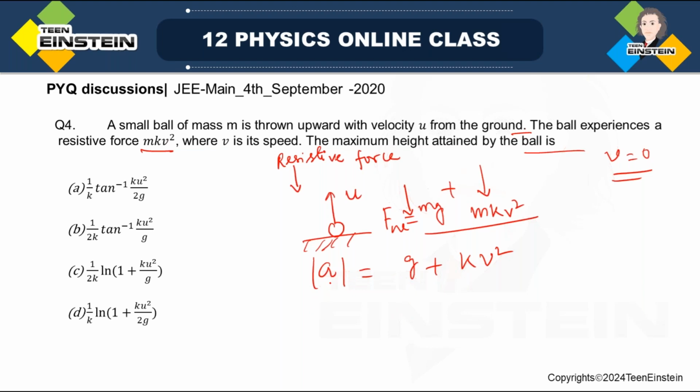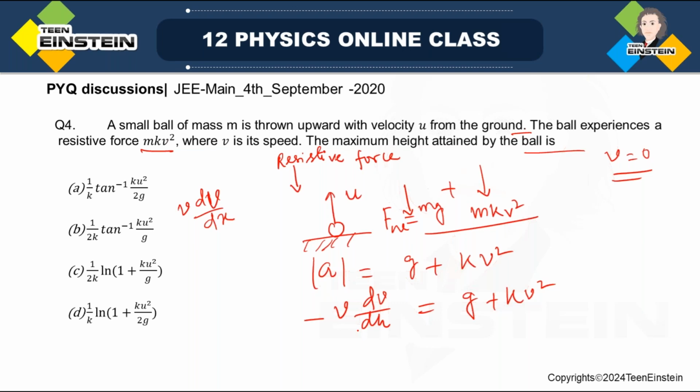Okay, this one is a negative quantity, so I can write this in terms of, I have to find out height, right? So acceleration can be written as v dv dx. In place of x, I can write v dv dh, which is equal to g plus k v square.